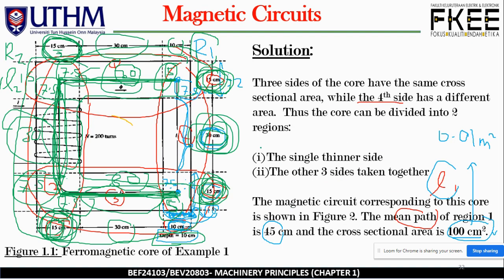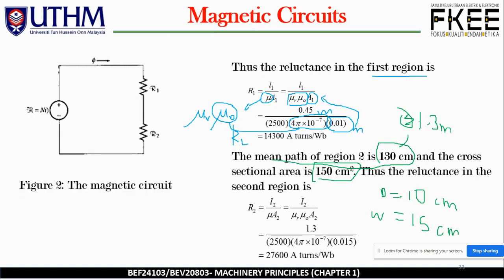Apparently, you can see from here, this is 15, this is 15, and it is also stated in the question that the widths are all uniform for the 3 legs or the 3 sides. 15, 15, multiply the depth here, 10 centimeter, give you the area. Okay, so multiply these two. So this is actually your area, 150 centimeter square.